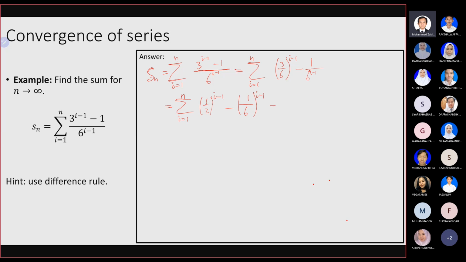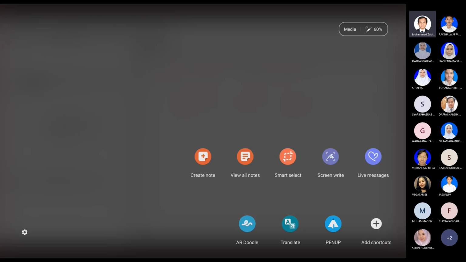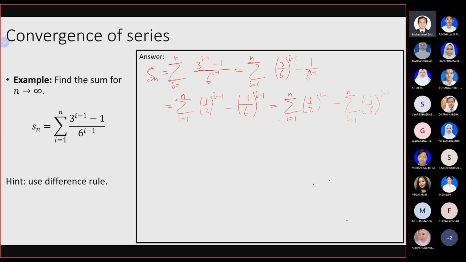So we can split the sum, so we have sum of I equals 1 to n of half power I minus 1 minus sum of I from 1 to n of 1 over 6 power I minus 1. In this case, we have two geometric series.